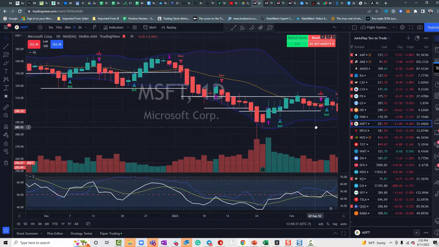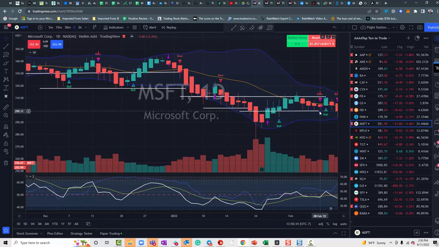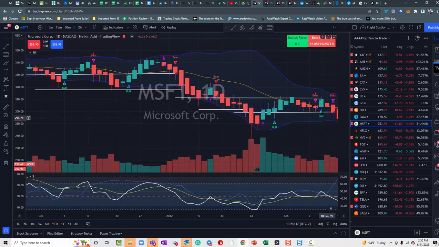Didn't do it. Okay, now we get another bear. So you see how we're weeding out all these false signals? It's pretty awesome. This will get your win rate like through the roof if you do this on every signal, because Flight Station finds trends and keeps you in them pretty darn well.